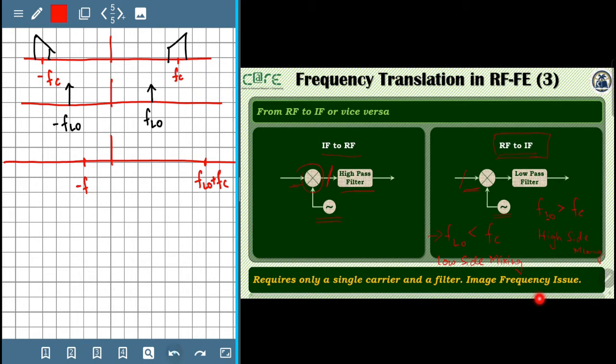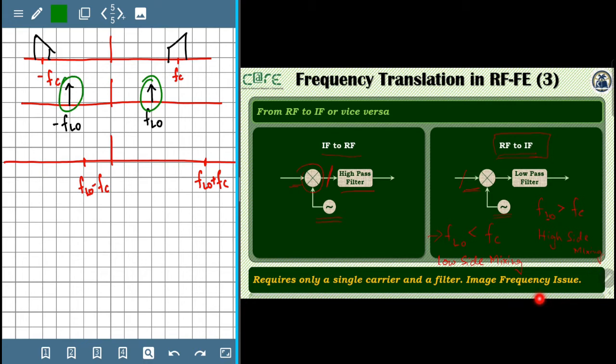Sorry, it will be FLO minus FC. So these were the contributions from this impulse.